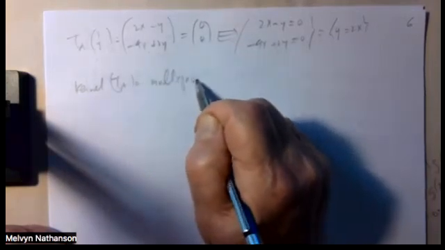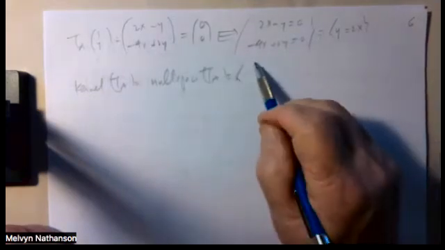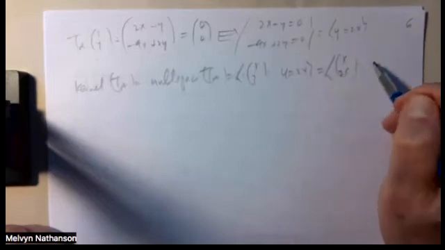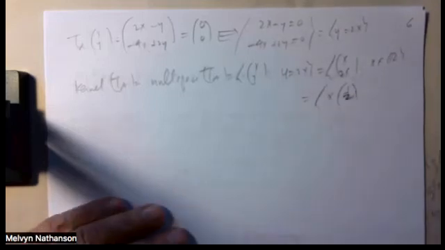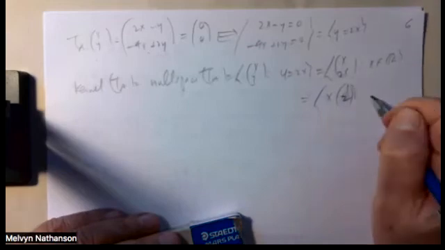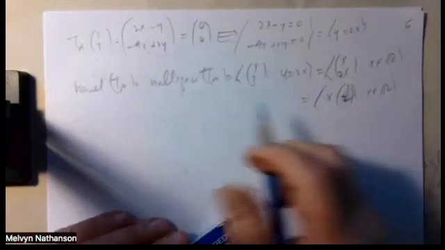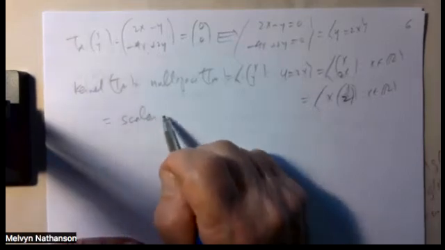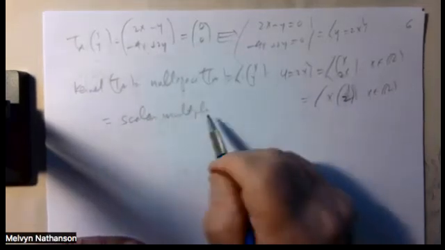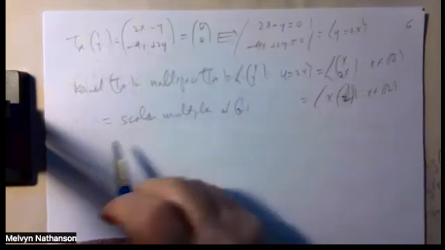So the kernel of this, or the null space, and they mean the same thing, it's all vectors (x, y) where y equals 2x. That means all vectors of the form (x, 2x). And this is exactly the set of all scalar multiples of the vector (1, 2).